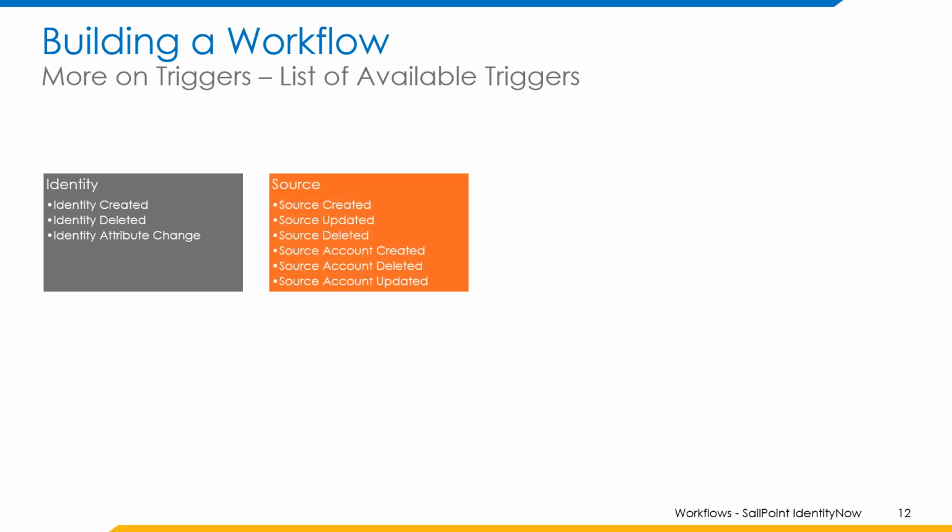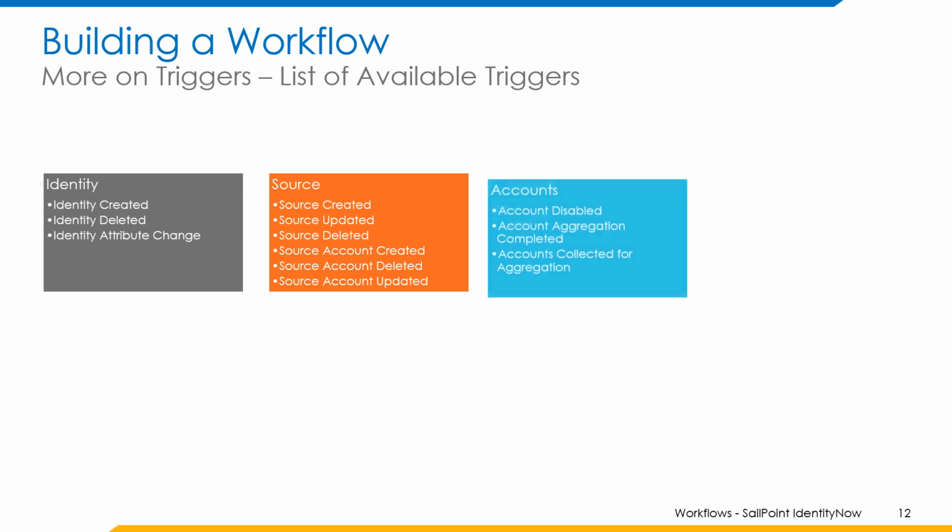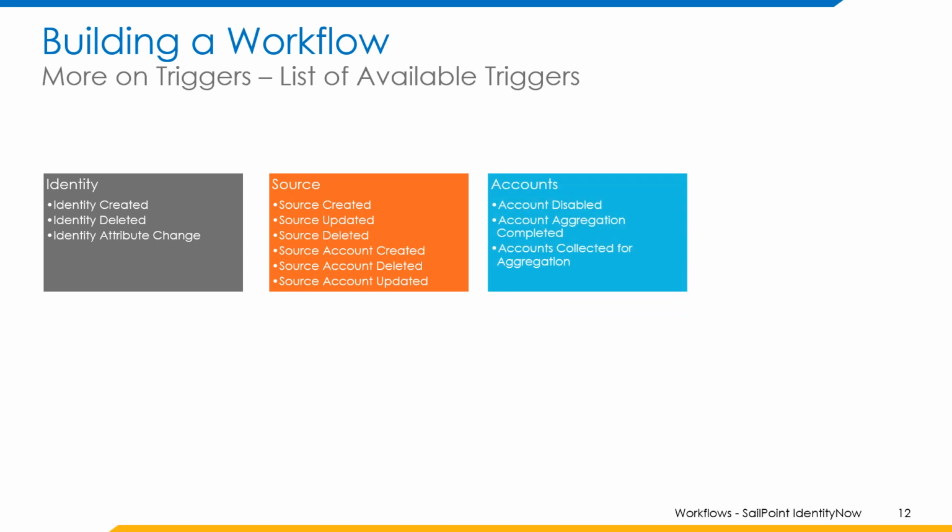Source triggers can be used to design workflows to achieve some specific result for operations like create, update, or delete. Accounts triggers can be used for creating workflows based on the event such as account disablement or when account aggregation starts and completes.